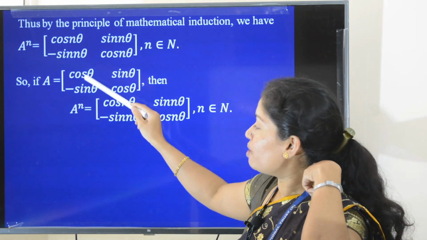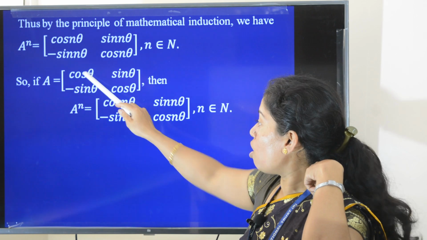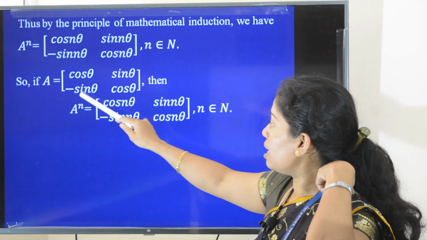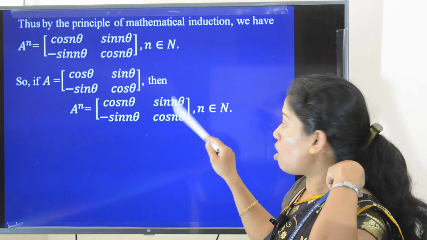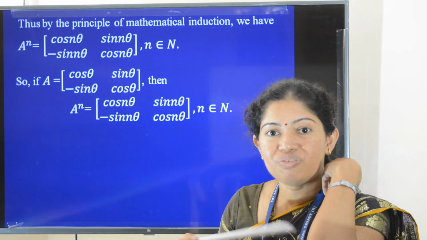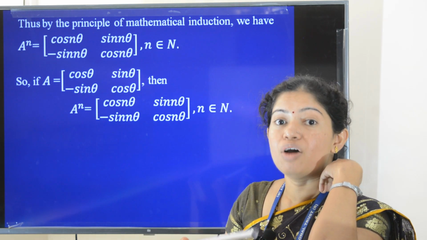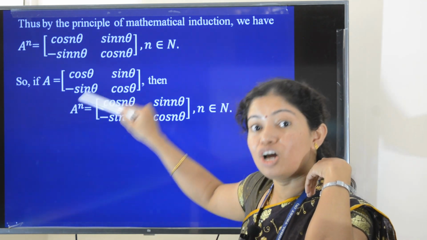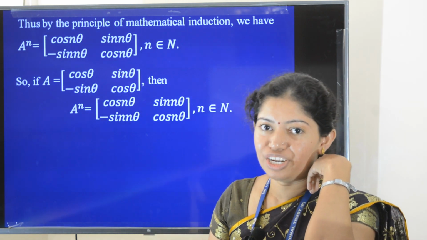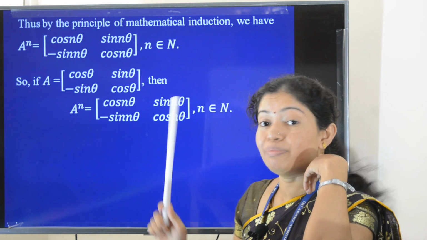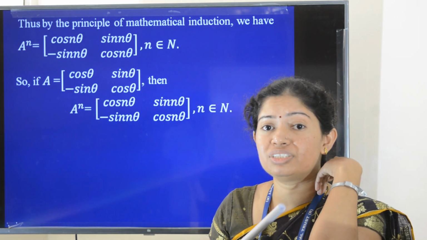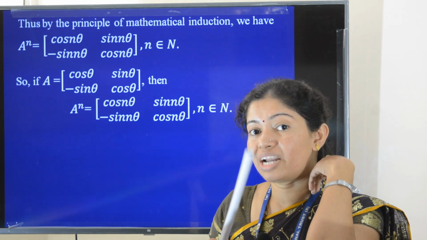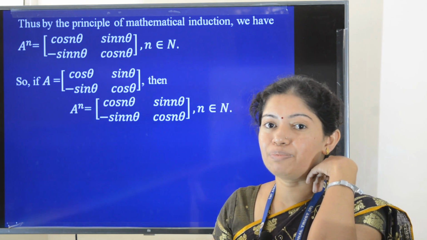Then A to the power n will become cos n theta sin n theta minus sin n theta cos n theta. So if you want to find the power of A, what you have to do? You have to multiply that power to the angles of those trigonometric functions. You can remember this as an important result. You can use this to crack your competitive exam problems.